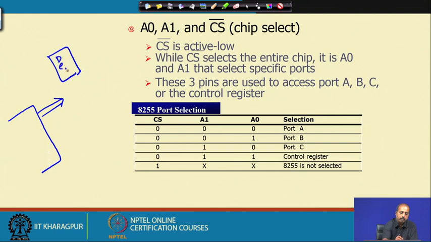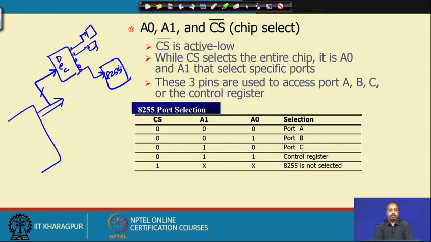The decoder has a number of chip selects, and these individual chip selects go to different memory chips, while some of the decoder lines may be dedicated to connection to 8255. This way you can figure out the exact address of the 8255, based on the decoding logic you have incorporated.